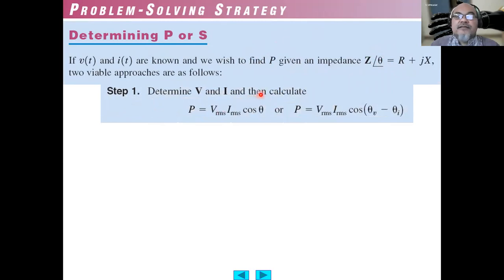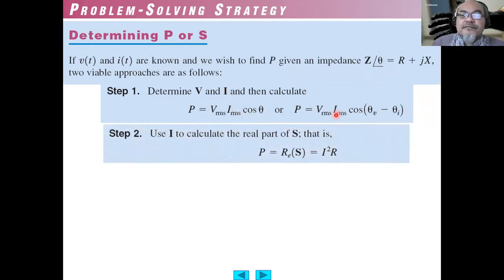The first one, step 1, is we determine the voltage and current maximum, and then calculate the active power to be VRMS times IRMS cosine theta Z, from the impedance. Since voltage equals I times Z, Z will be equal to V divided by I, and theta Z equals theta V minus theta I.